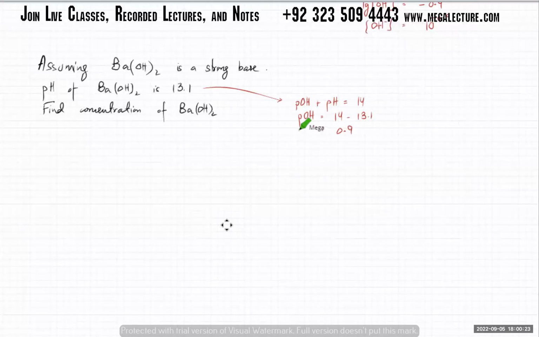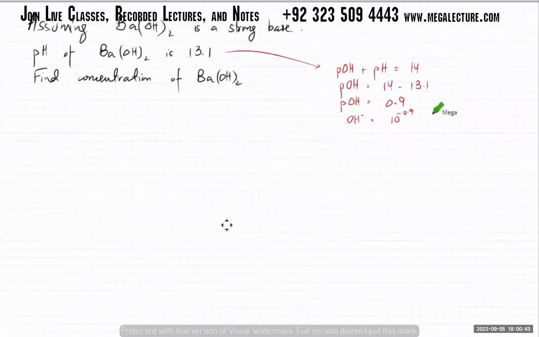So that means pOH is 0.9. Negative log of OH ions is 0.9, so OH ions will be equal to 10 to the power minus 0.9. Do this directly on the calculator and see what value you get for 10 to the power minus 0.9.